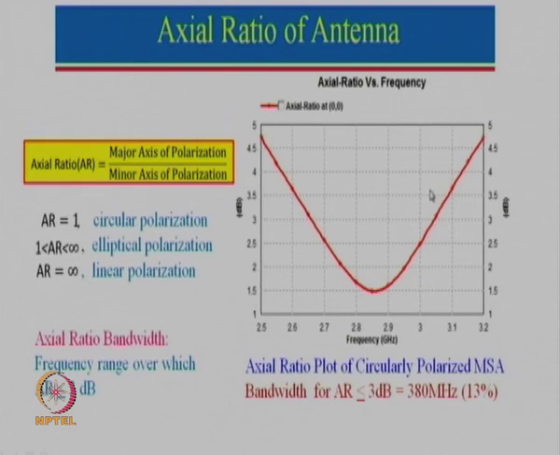Generally speaking, we define axial ratio bandwidth for a circularly polarized antenna as the frequency range over which axial ratio is less than 3 dB. Of course, in some applications they may accept less than 6 dB, and in some applications they even want axial ratio to be less than 1 dB or 2 dB. So, it all depends upon the application.